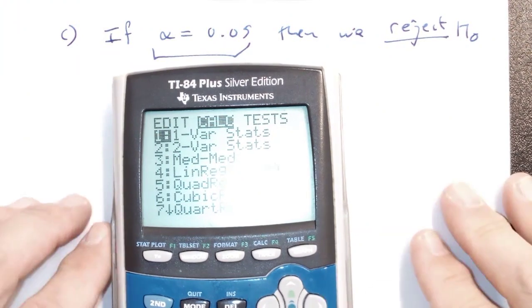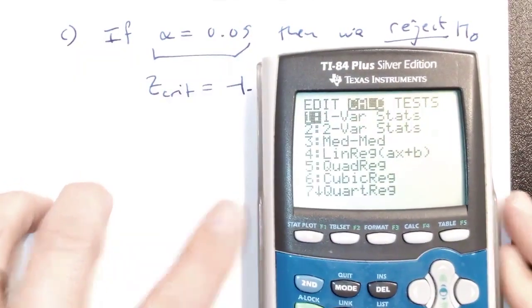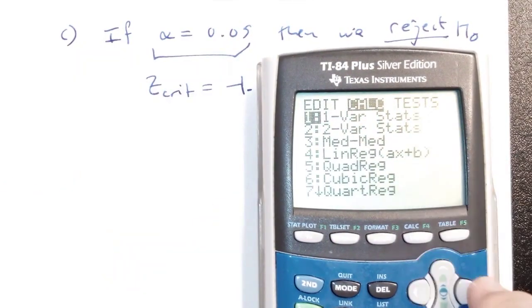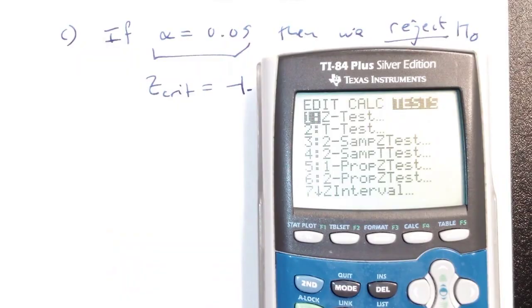Well, it turns out that next column says tests. We were doing a z-test for a mean. We were doing a t-test for a mean, right?